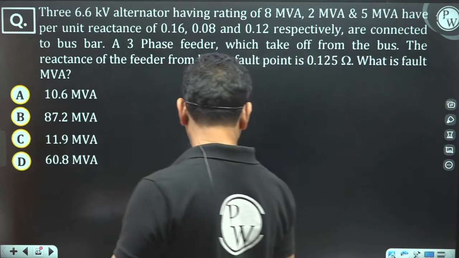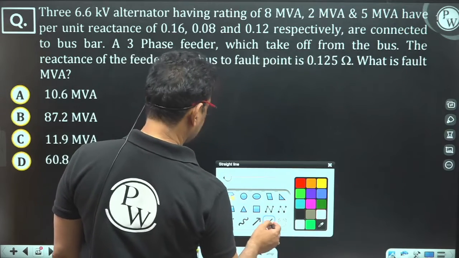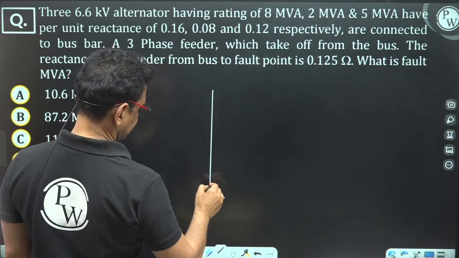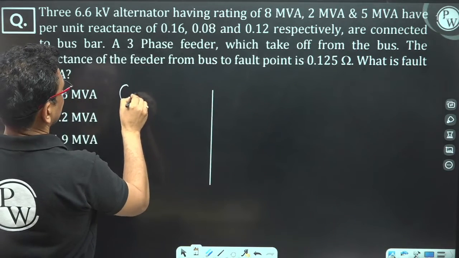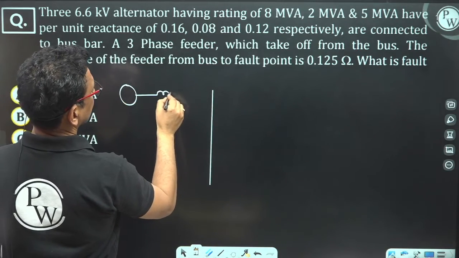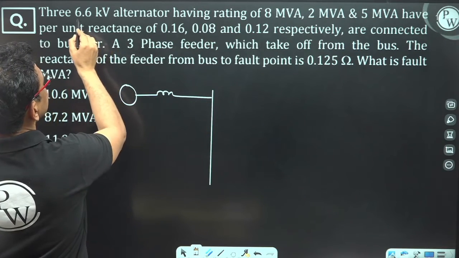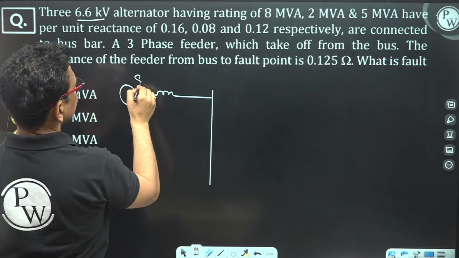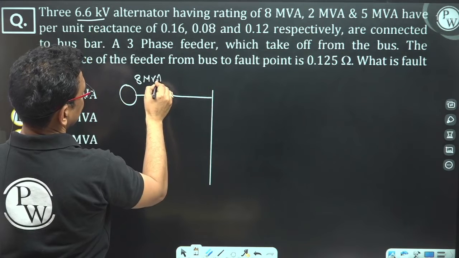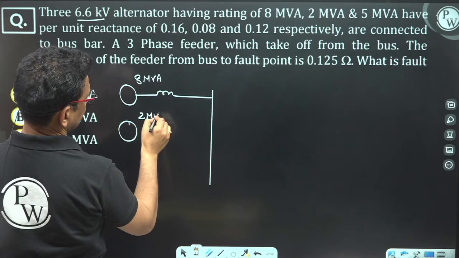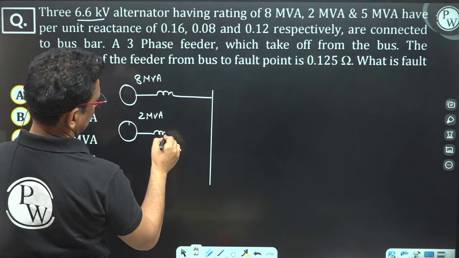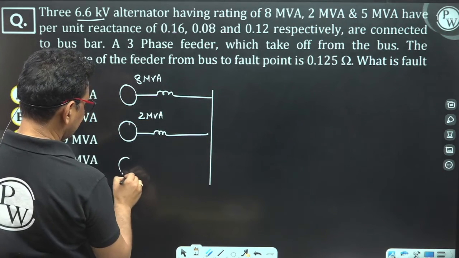See, first draw the single line diagram. We have three alternators. Everybody is 6.6 kV, but the MVA is different. It is 8 MVA. Second one is 2 MVA. And the third one is 5 MVA.